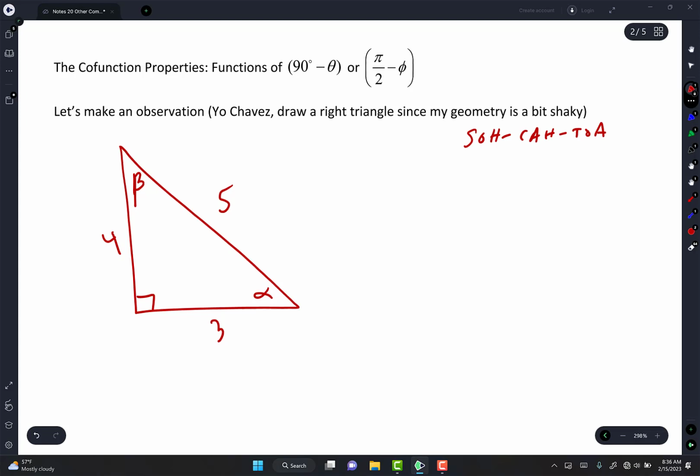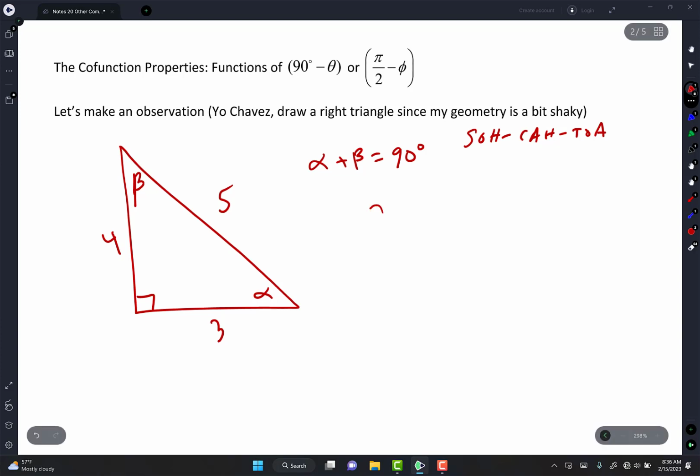I want you to observe that because the interior angles of a right triangle, or any triangle for that matter, unless it's non-Euclidean, all three angles add up to 180 degrees. So that means alpha plus beta equals 90 degrees. Cool? Okay.